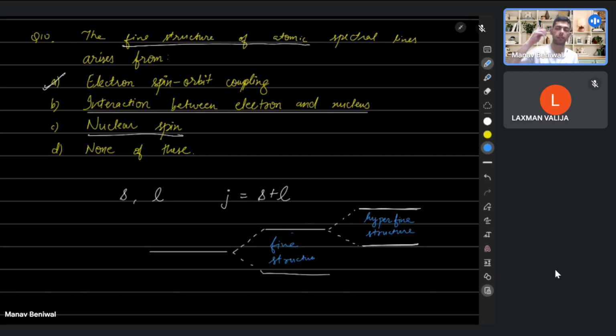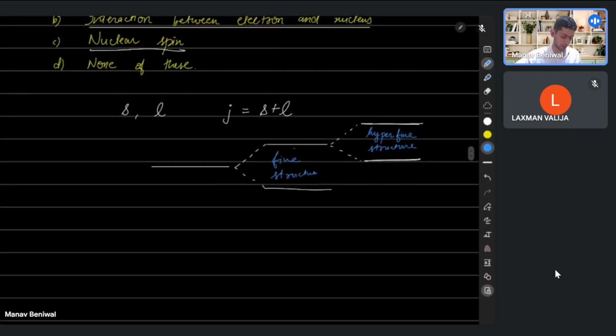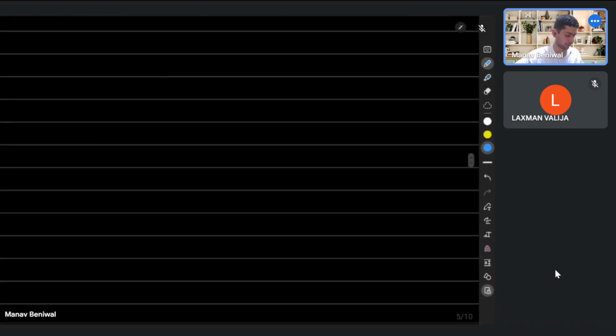To explain this, we need to consider the interaction between electron and the nuclear spin. So options B and C contribute to hyperfine structure. This was just some additional information, and I think this will be discussed later in the upcoming lectures. Then we can solve some problems afterwards.